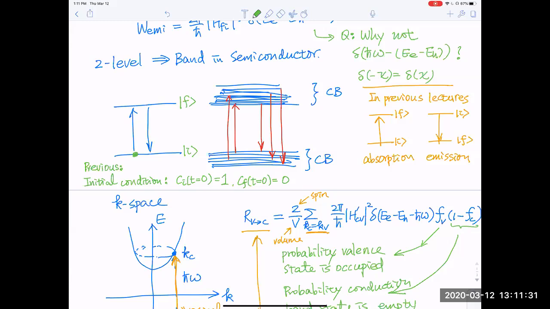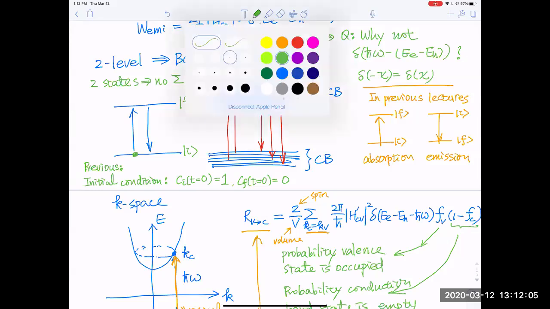So previously we only considered the situation at 0 K. In a two-level system, there's no summation. There are only two states, so no summation is needed. Why do we have to do summation here? There are so many states in the band, and therefore we need to sum up all the transitions.